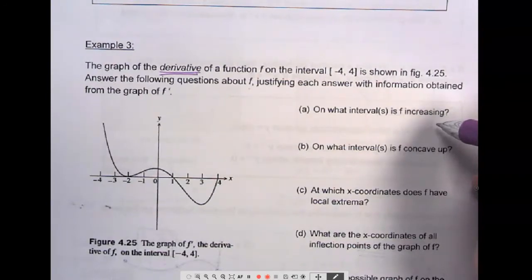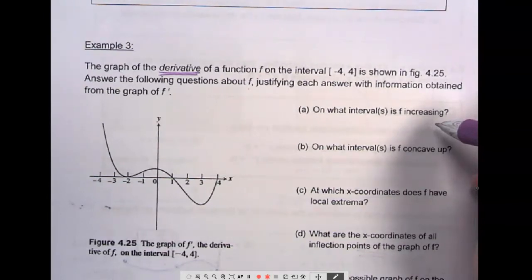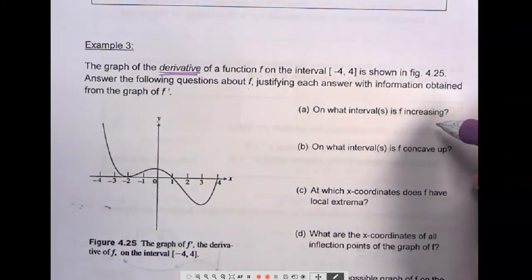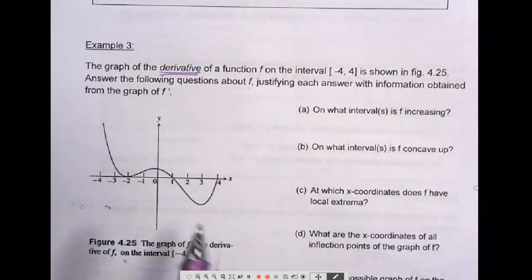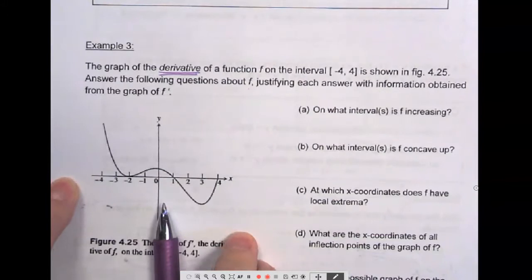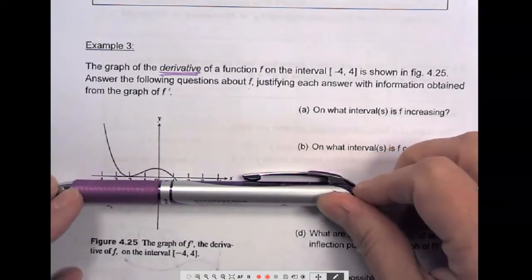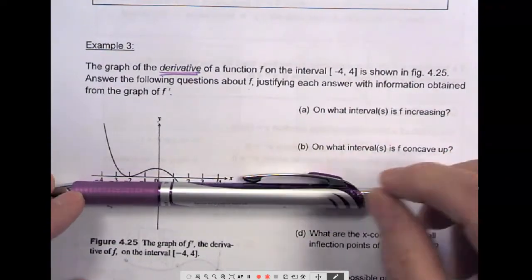How would I tell where the original was increasing based on the derivative? It's where like the y-intercept is positive. Where the slope of the... You mean where the y coordinates are positive? Yeah. Yes. Okay, so this is the derivative. If my derivative is positive, meaning above the x-axis, then the original function was increasing.